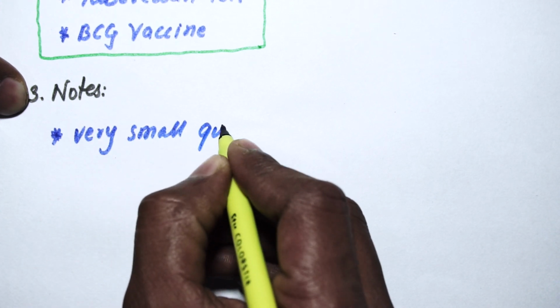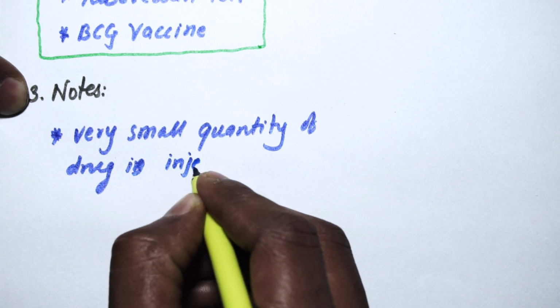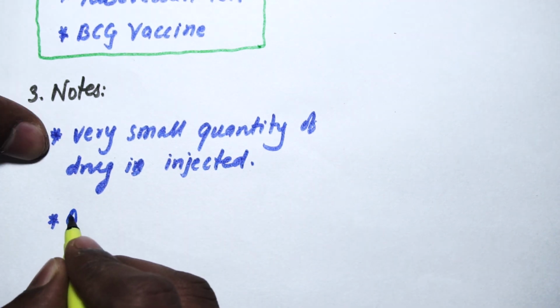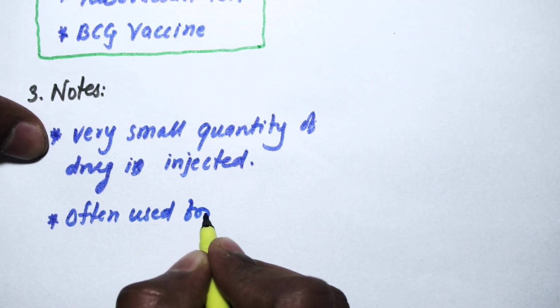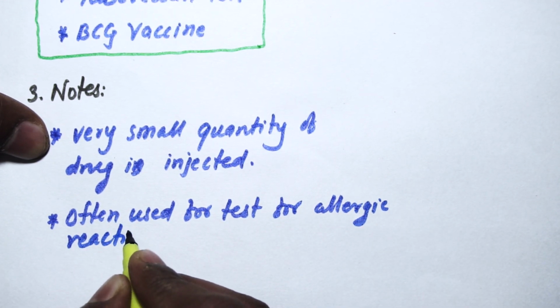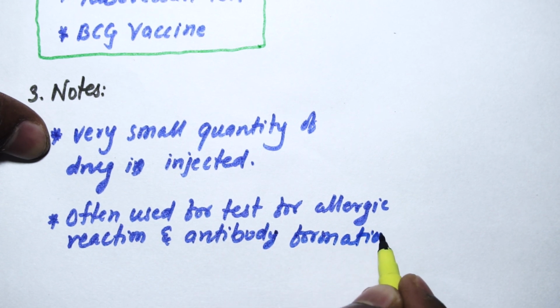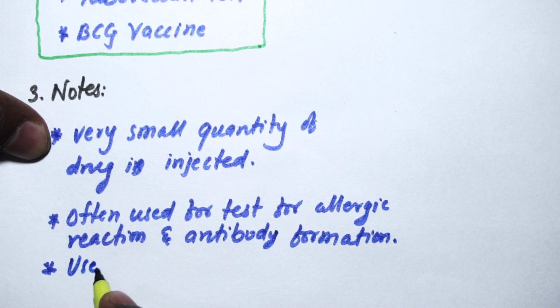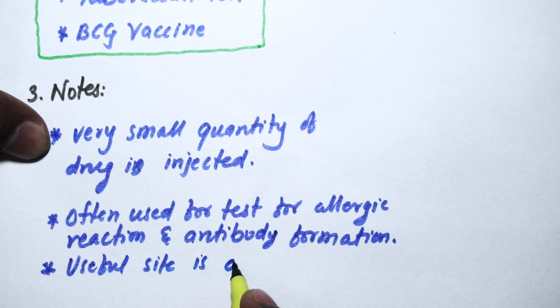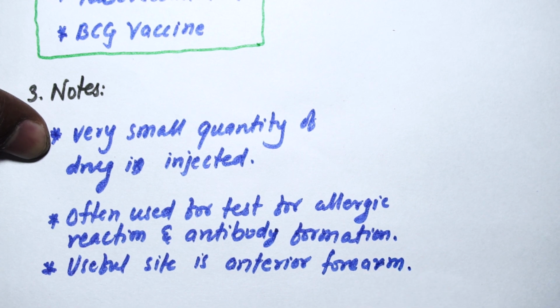The first one is that a very small quantity of drug can be injected at a time. Then it is often used for tests for allergic reactions and antibody formation. The useful site is the anterior forearm for this route of drug administration.